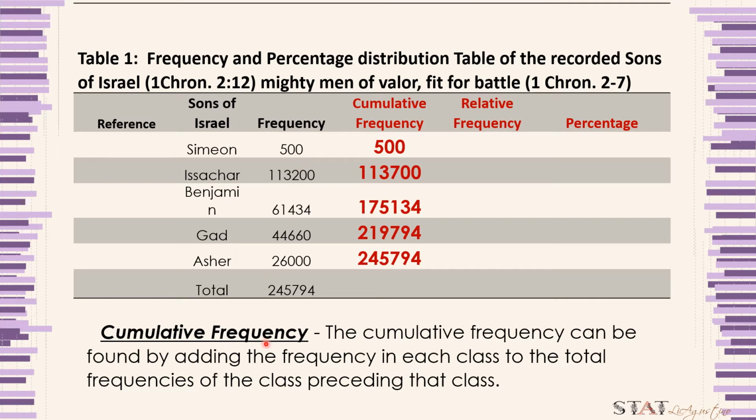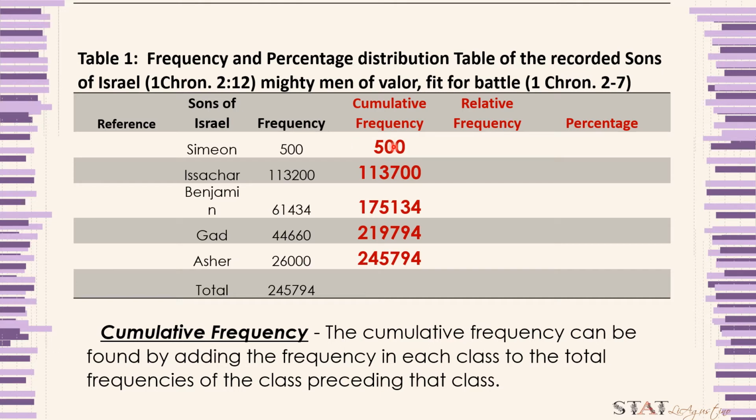According to the definition, we just add the frequency in each class and then add the preceding data in the other class. Since there is no preceding class for Simeon, you just copy it. So in the cumulative frequency, you just copy the first class.